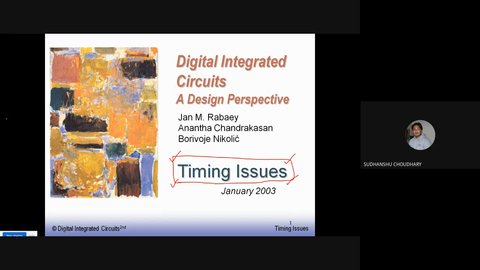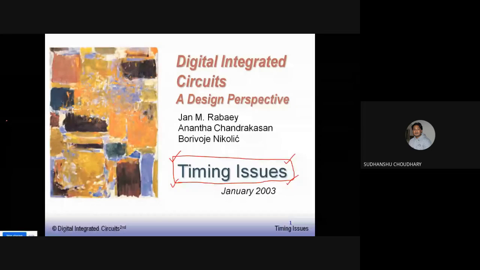So you have made a circuit for some logic, maybe a multiplexer, a full adder, or even a complex circuit. And if it is a sequential circuit, it depends largely on the timing.